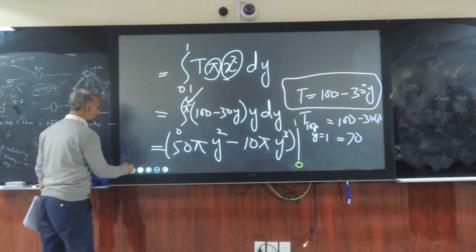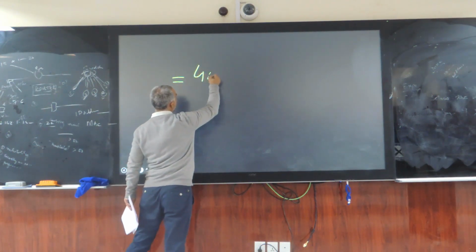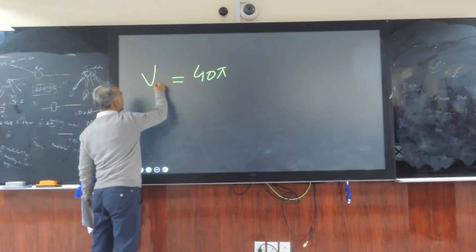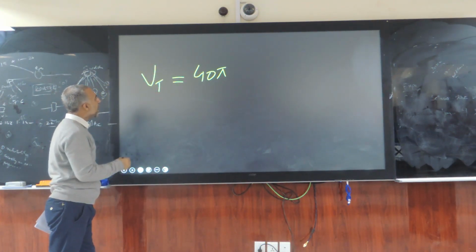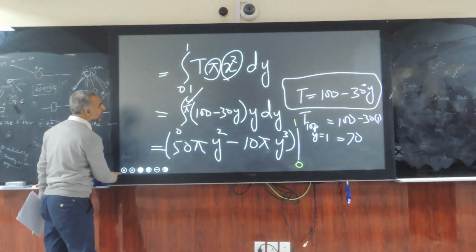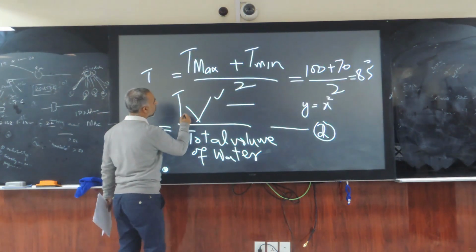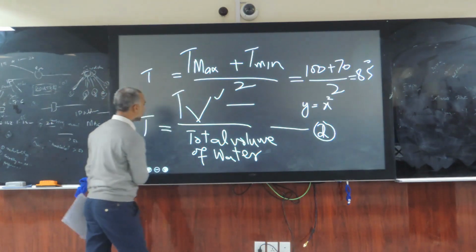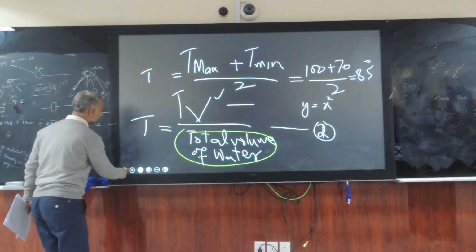On further calculation we will get 40 pi, that is the volume with respect to temperature. If we are considering the average change in temperature, we also need to determine the denominator, the total volume of water.